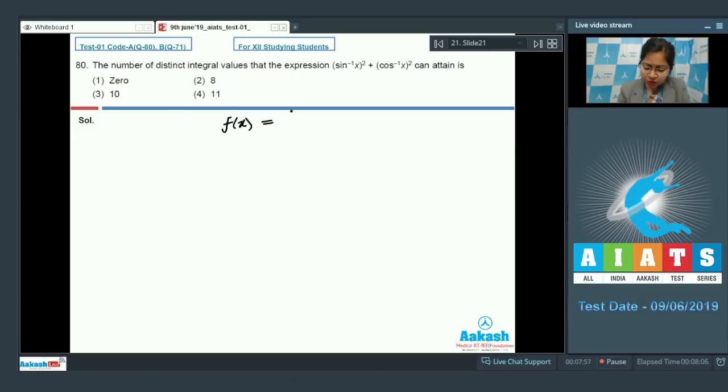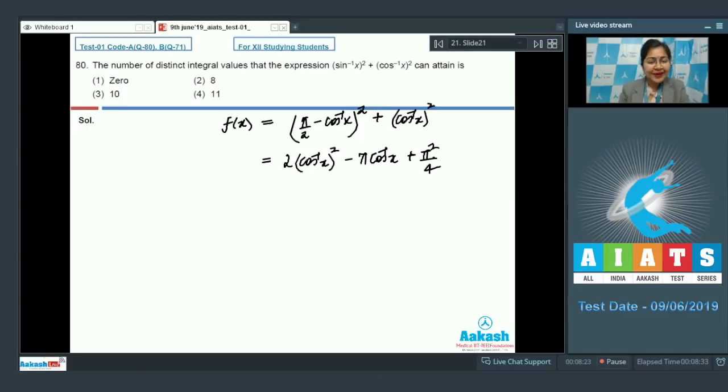Sin inverse x can be written as pi by 2 minus cos inverse x, so (pi by 2 minus cos inverse x) whole square plus (cos inverse x) whole square. So this will be equal to 2 times (cos inverse x) whole square minus pi into cos inverse x plus pi square upon 4. We have to find its range, so let us make it a perfect square.